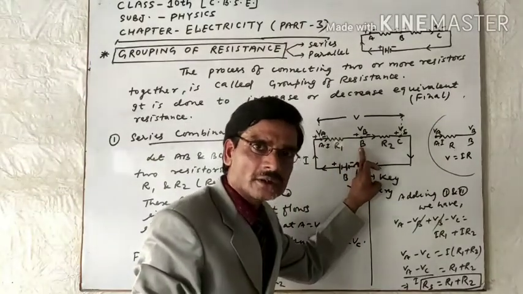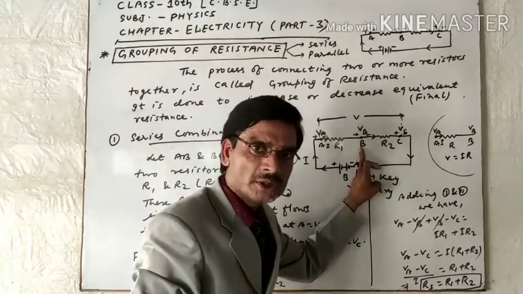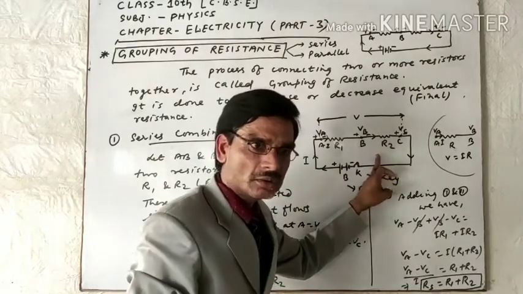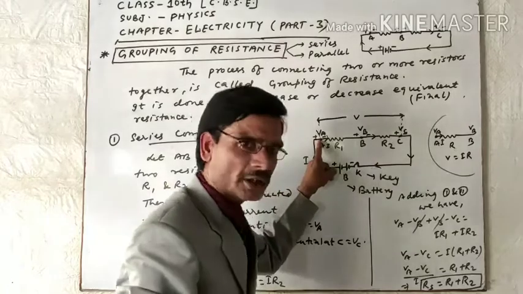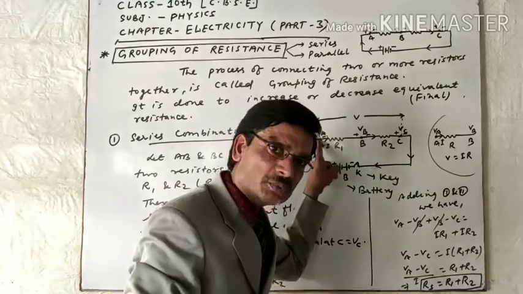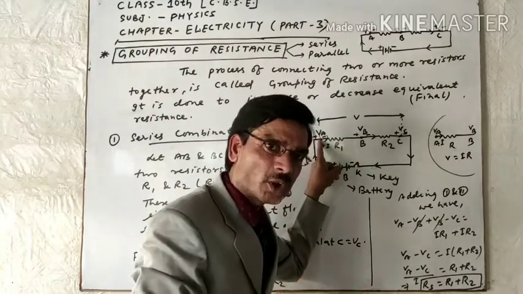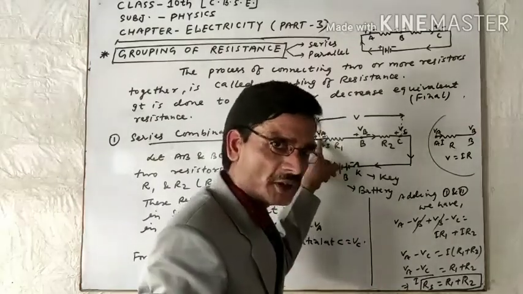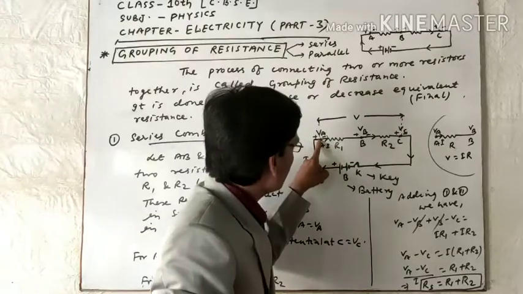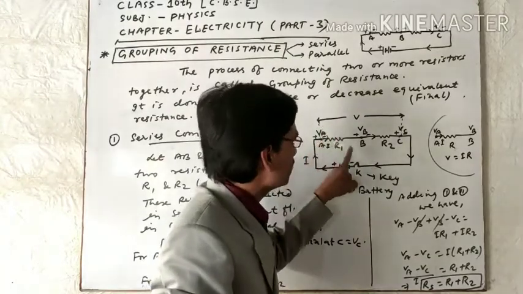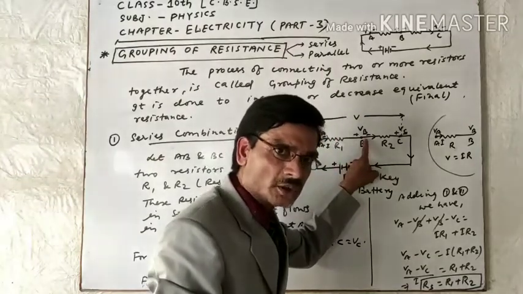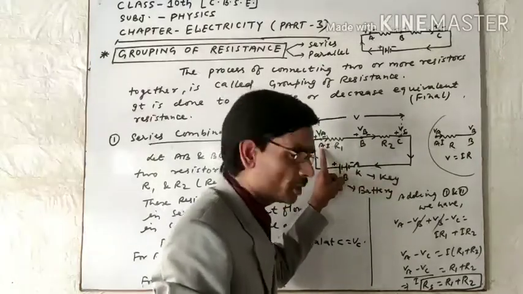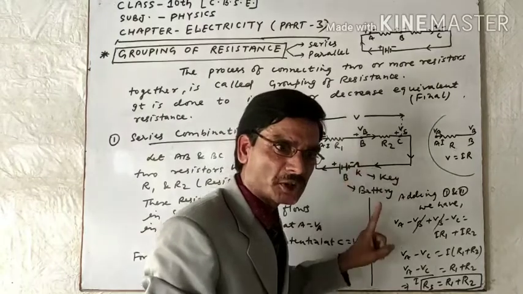This shows that current always flows from high electric potential to low electric potential. यहाँ पर high electric potential है. Potential is a kind of energy that is responsible for the transmission of electricity through the conducting wire. Pay attention here. VA electric potential is high. This electric potential is low. That's why the current flows from high electric potential to low electric potential.